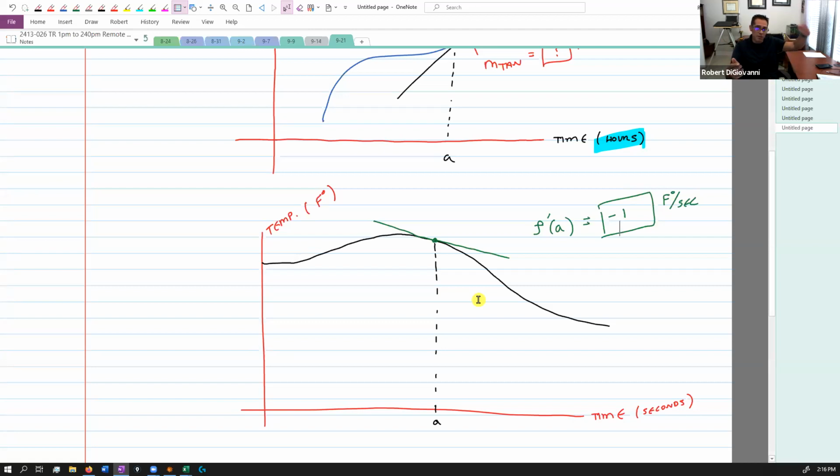If you've got a function, we now have a way of measuring at any point on that function the instantaneous rate at which it's changing. So this extends to everything. Now, the catch is you have to be able to calculate the derivative, right? You have to be able to take the limit as h goes to 0 of f of a plus h minus f of a all over h. You've got to be able to do that in order to answer the question, but we have a way of doing it.